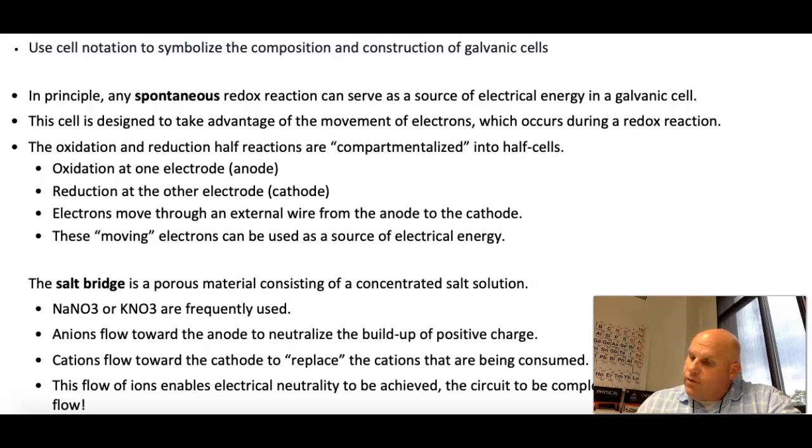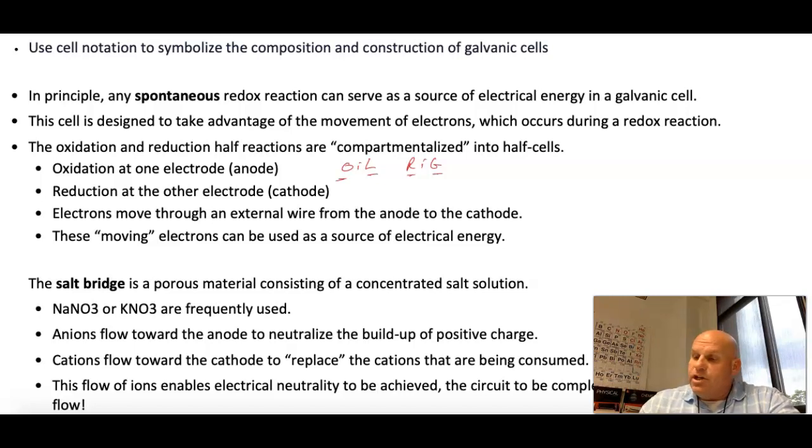If you remember the mnemonic OIL RIG, oxidation is losing electrons, and reduction is gaining electrons. If we compartmentalize that into two half reactions in two half cells, we can isolate that flow of electrons.